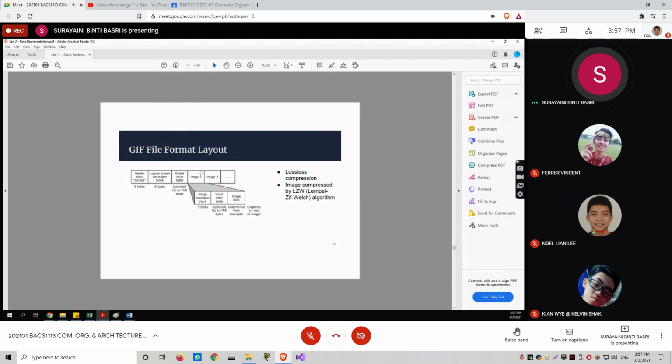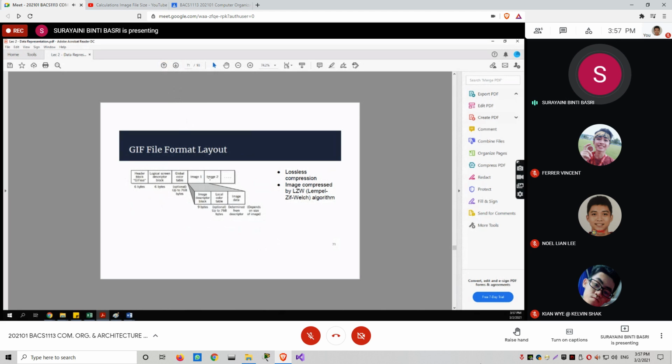Okay, so each of the images will store these 3 blocks again. Each of the images will store the image descriptor. It will also have its own local color table, and it will also have its own image data.